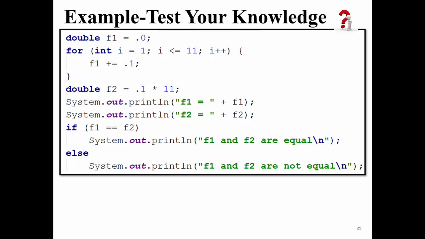So you start with 0 and using a for loop, you add 0.1 to f1 at each iteration. In the second approach, we are using f2 and we take 11 times 0.1. Do you think what will be the value for f1 after finishing the for loop?